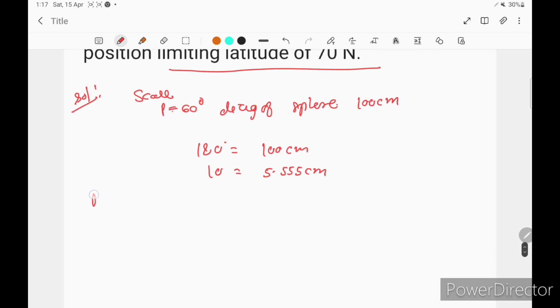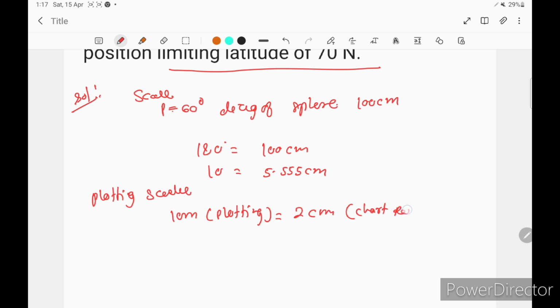Now the plotting scale: 1 cm plotting is equal to 2 cm chart required. So for 10 degrees it is 2.778 centimeters.